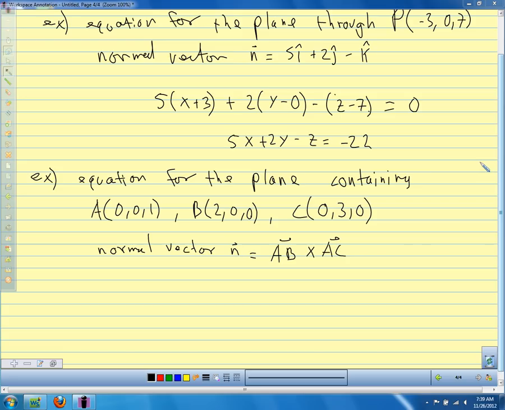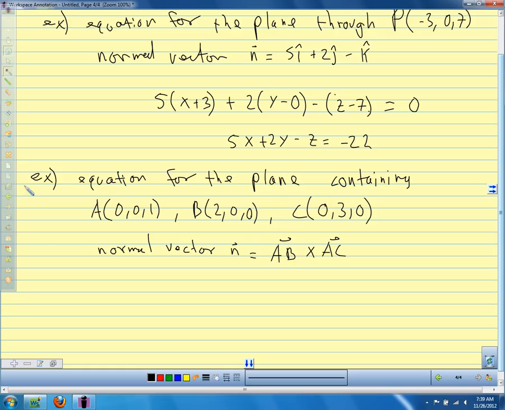And then I can use any of these 3 points once I find my normal vector. I'm not going to go through all the calculations. We just have to form our vector, form the cross product to get our normal vector, and then do the same procedure we did here. Our coefficients come from the components of our normal vector, and we can pick any of those 3 points to be our point in our plane to write our equation. Does that make sense? Okay.